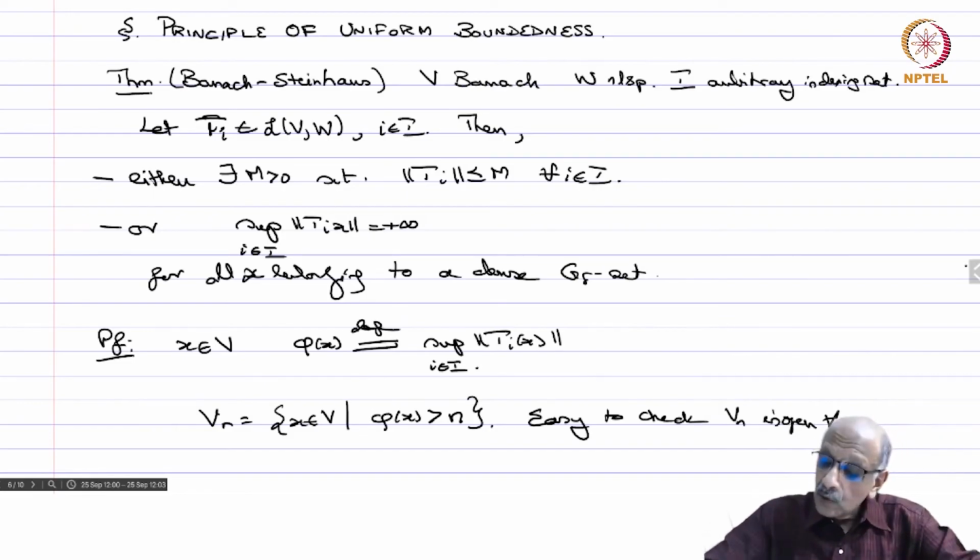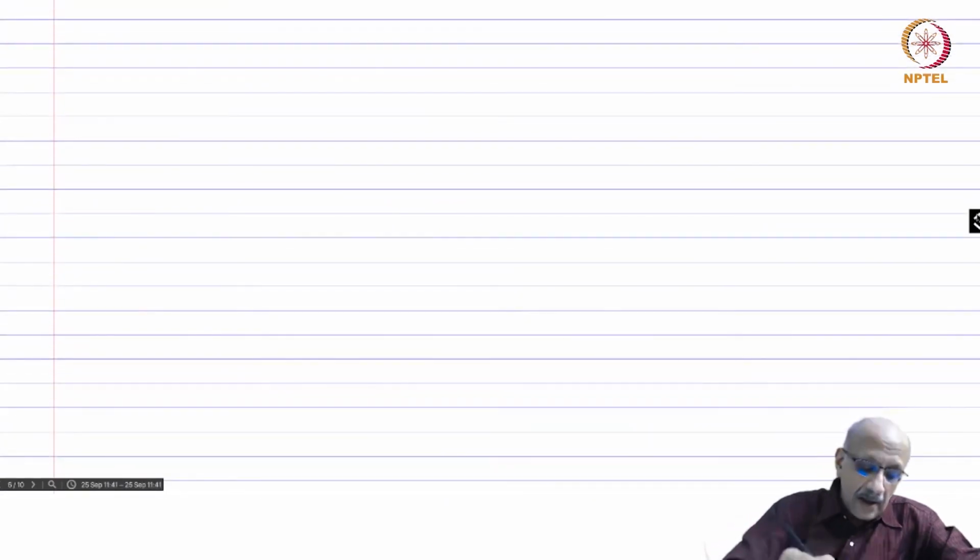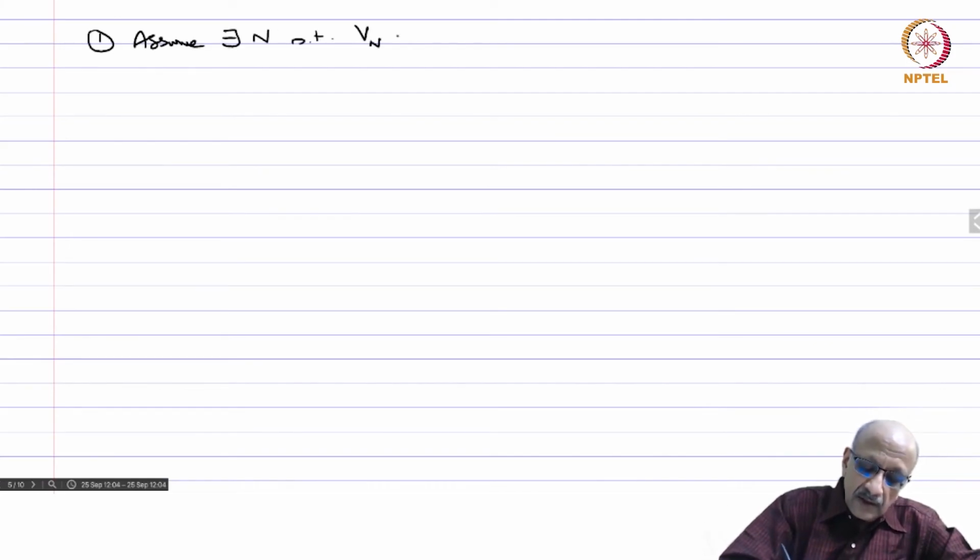So now one of two things only can happen, namely all the Vn's may be dense or there may be a Vn which is not dense. Okay, so first assume there exists an n such that Vn is not dense.